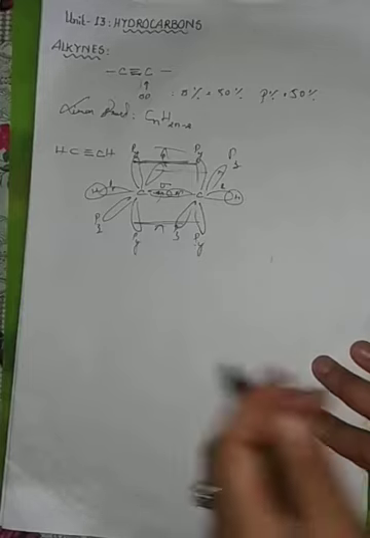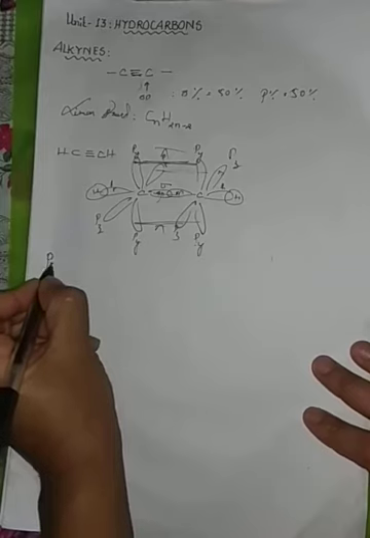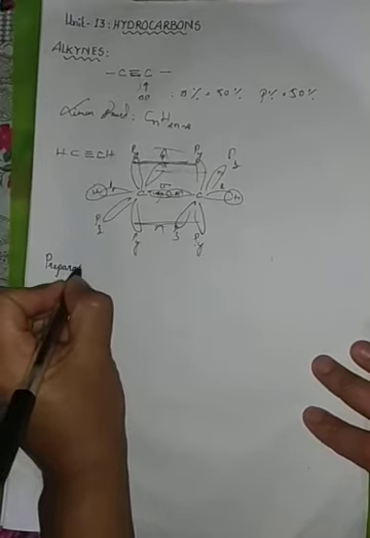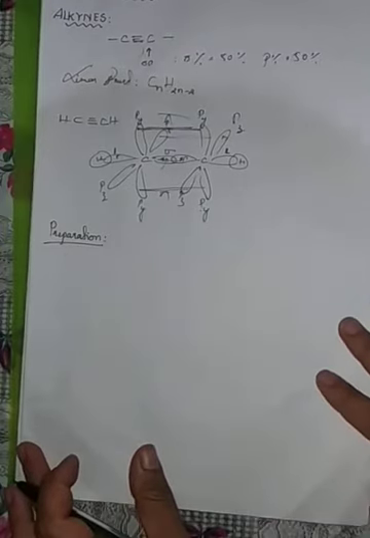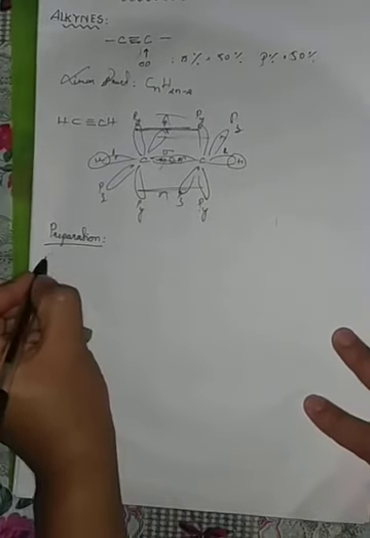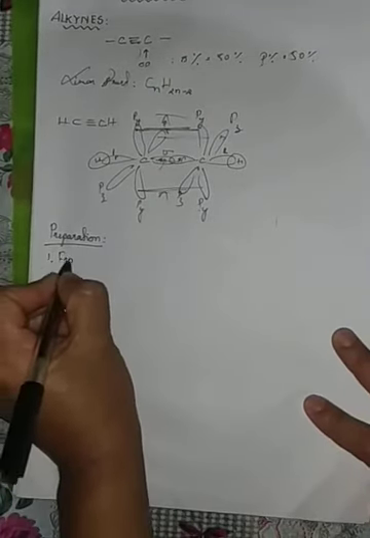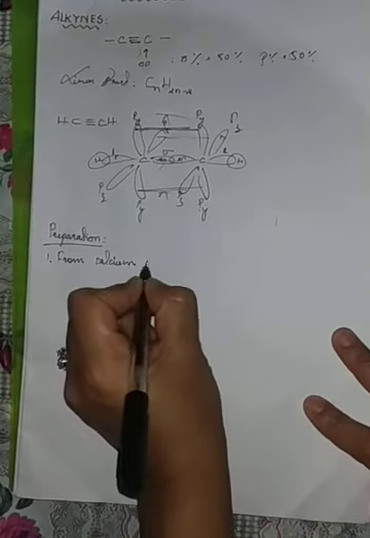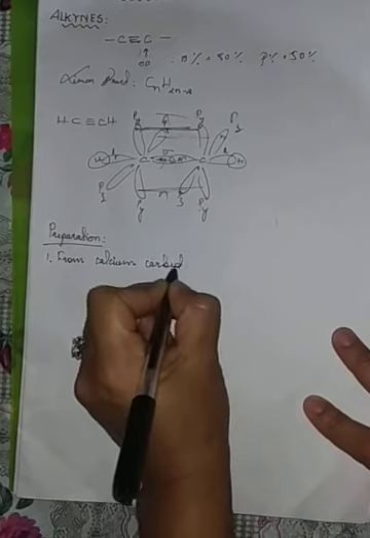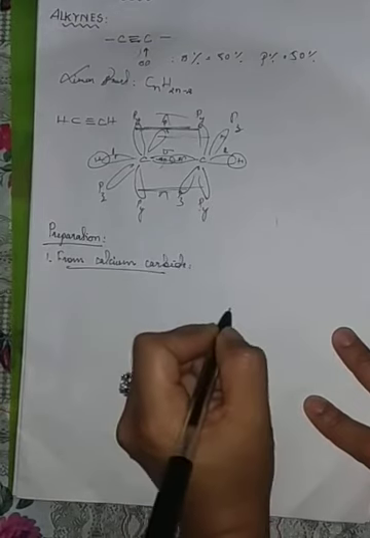Now let's check the preparation methods of alkynes. How are alkynes prepared? The first method is from calcium carbide. What is calcium carbide?